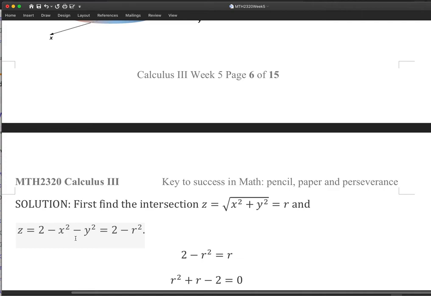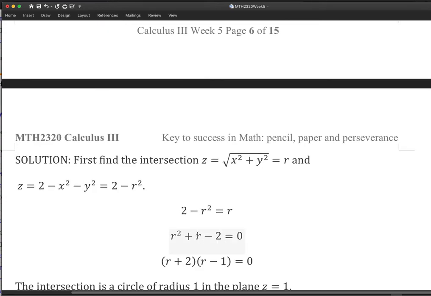The second surface, the paraboloid on top, can also be converted into r. Those two surfaces intersect, which means they have the same z value. So I put those two equations together, and it becomes a quadratic equation that can be factored.